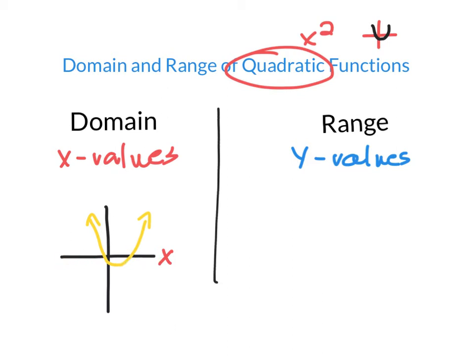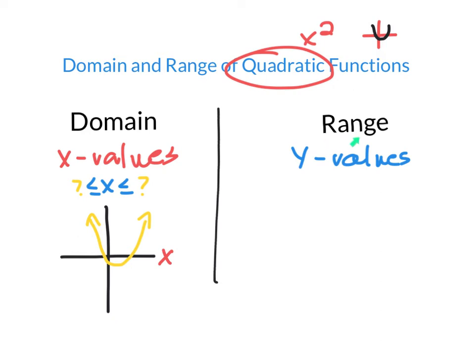Now you will see domain identified like this, where you have the x in the center, and then you have the less than or equal to symbols, and you're trying to determine the farthest it goes to the left and the farthest it goes to the right. However, if you have one that goes forever to the left and forever to the right, then it's going to include all real numbers for the domain.